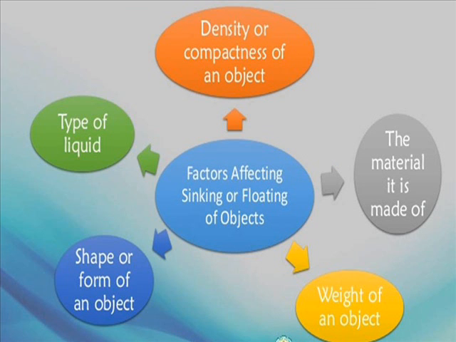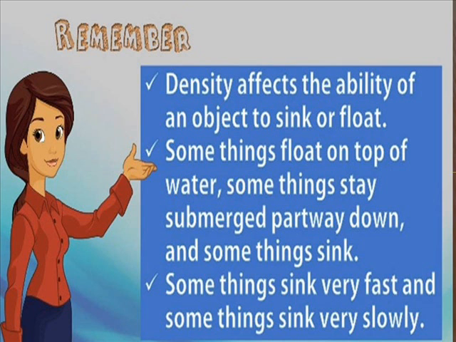This diagram shows the factors affecting sinking or floating of objects. You have here the type of liquid, density or compactness of the object, the materials it is made of, the weight of an object, and the shape or form of an object.